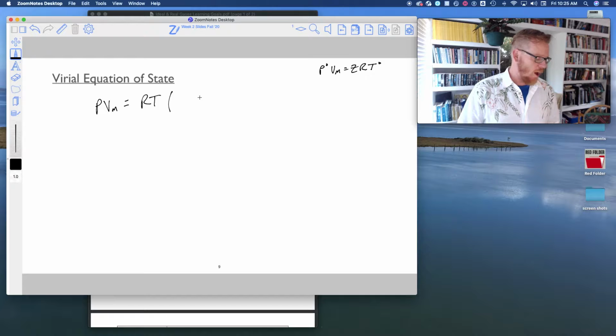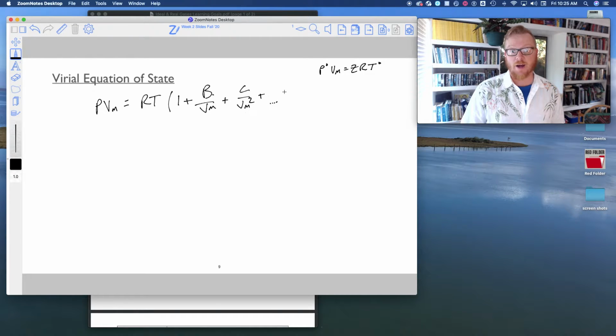And now times the quantity, 1 plus capital B divided by Vm plus capital C divided by Vm squared plus so on and so forth. So if we wanted another term, it would be D divided by Vm cubed, okay?